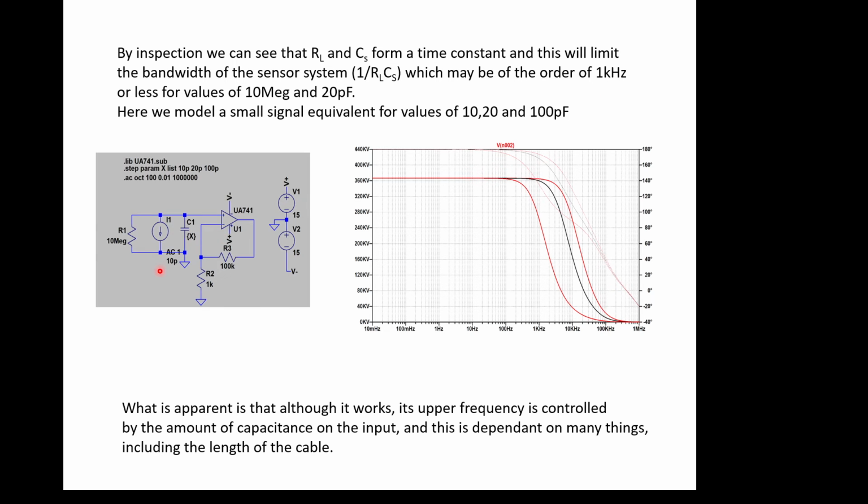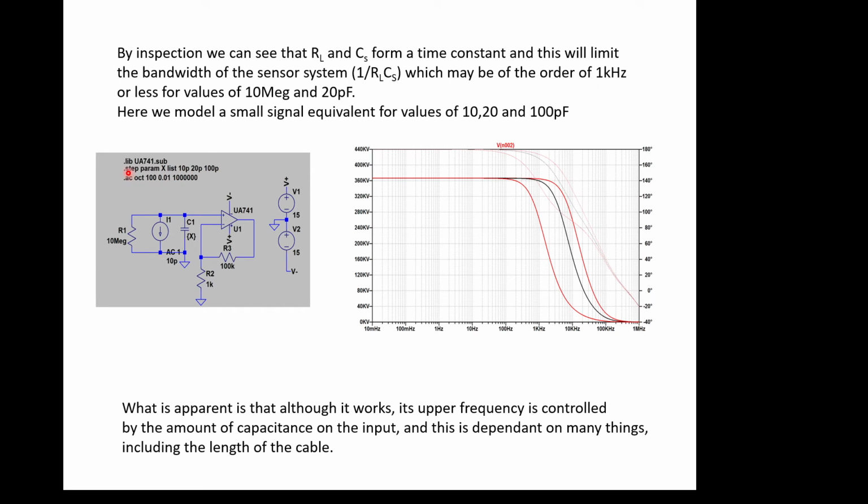So given that we don't know the value of this capacitance here, you can model it. Here's a SPICE model, here's our amplifier, we've got a 741 in there, so we know that it's going to be good for about a megahertz or so on a good day. We've got a current source, and we've got our 10 meg resistor, and we've got our capacitance, which in this case we don't know what it is, so we'll turn it into a parameter, x, and we're going to step this parameter, which is the value of the capacitance, through these three values, which we put into a list.